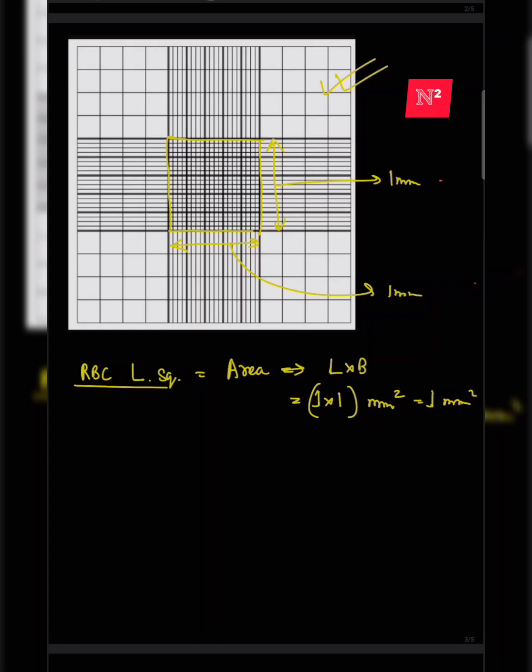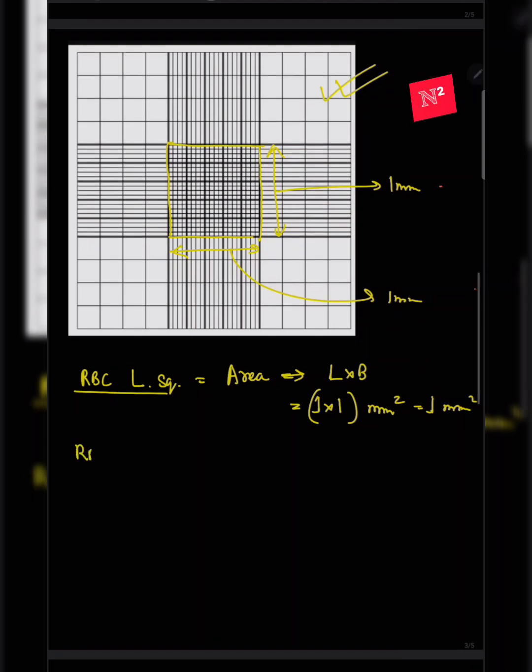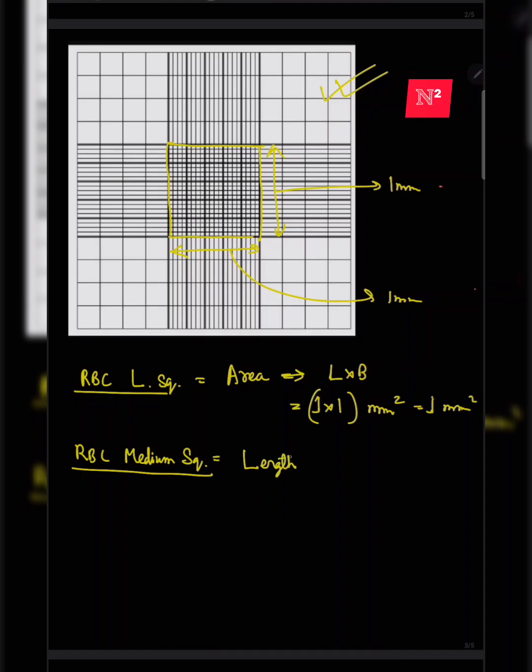Now let's calculate the RBC medium square values. So what will be the length? First of all, let's find out the length and breadth of this small grid, that is this grid.